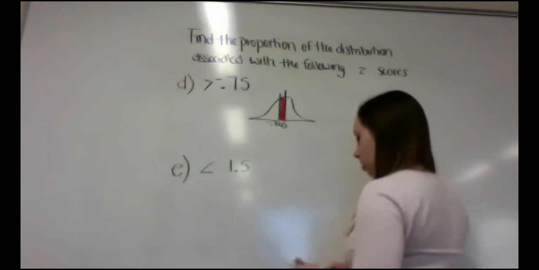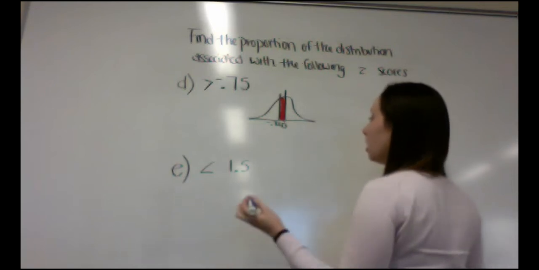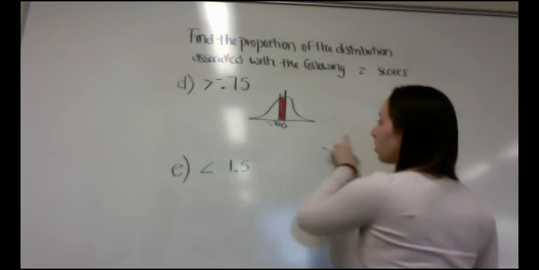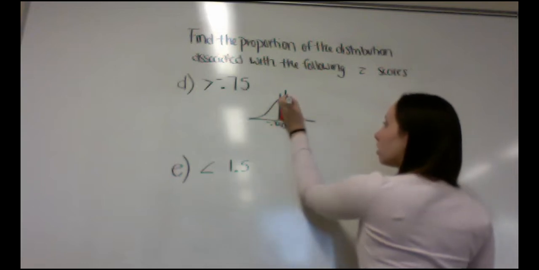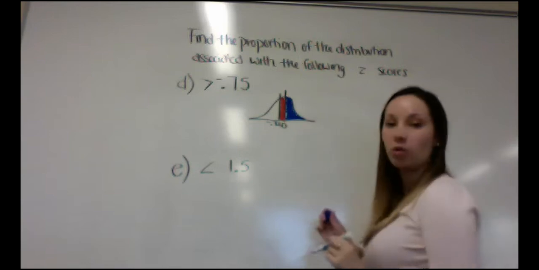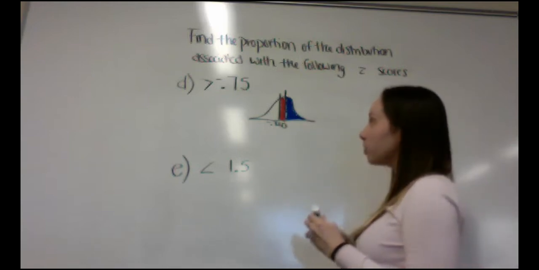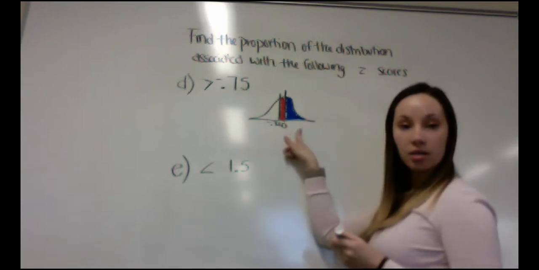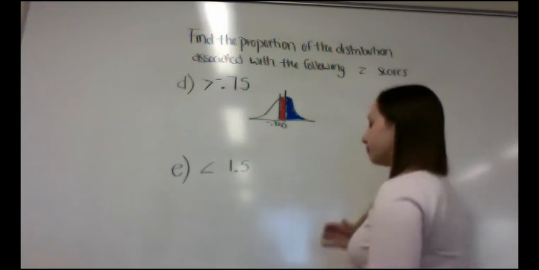Then we can find the proportion of the distribution that is associated with 0 to infinity, which I said earlier was 0.5. So we're going to denote that in blue. That's the first way that you can work this type of problem, is find your red piece and then find your blue piece and then add them together to give you your answer.